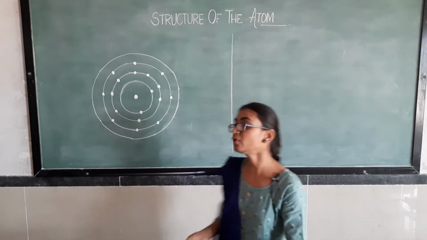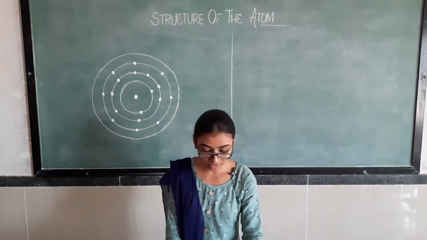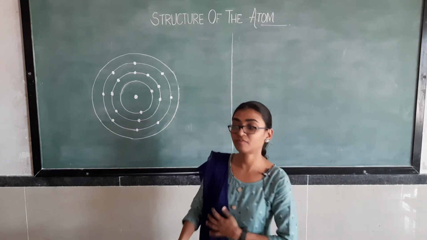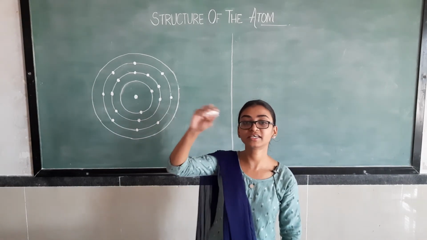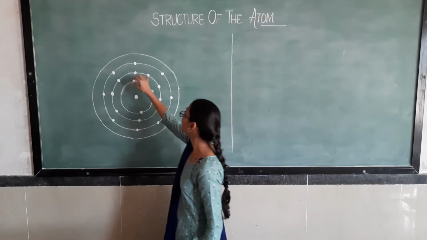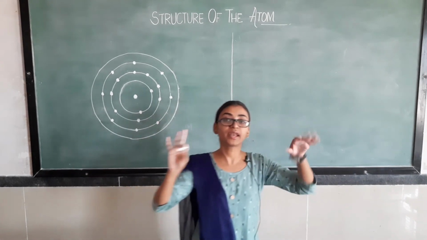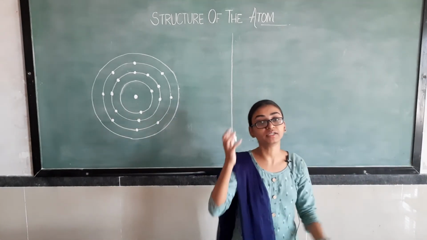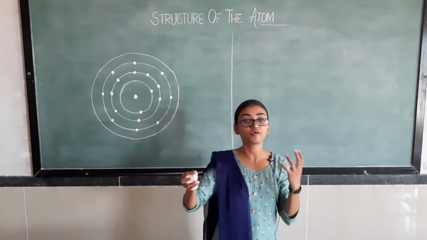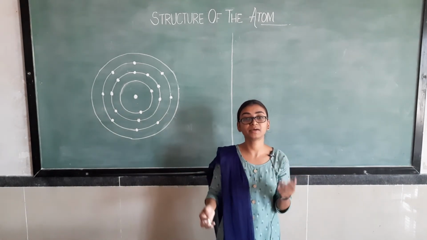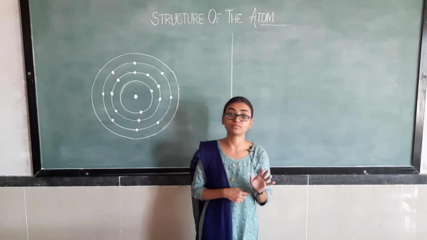Okay. So from here what we can conclude is the second rule of filling electrons: the outermost shell has 8 electrons. Without that we cannot move forward to fill electrons. So it is compulsory that for any element to become stable, it has 8 electrons in its outermost shell.